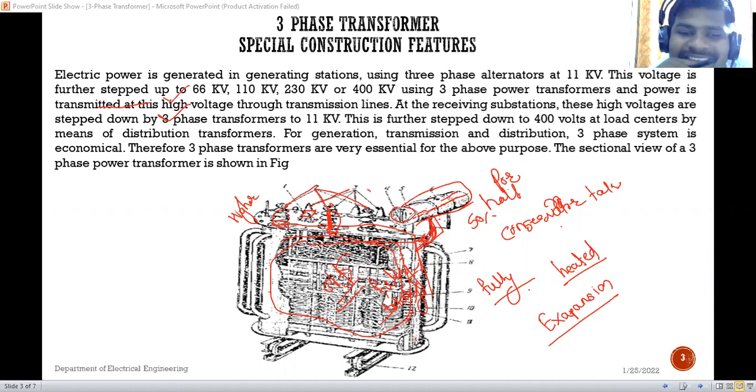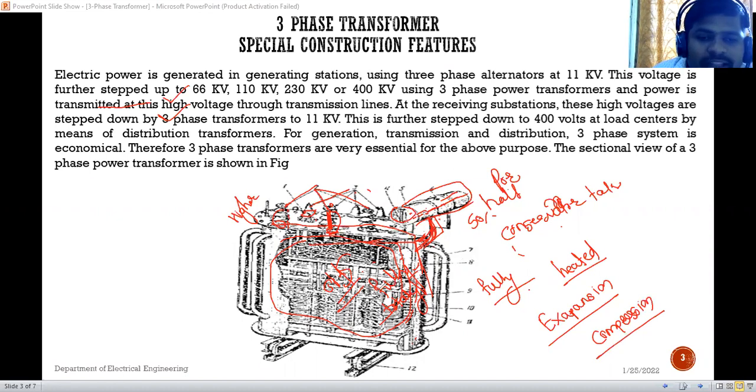Another function is that if the oil in the transformer च्या tank मधलं oil reduce झालं, that means expansion and compression. So oil in the transformer may be compressed or it may reduce.